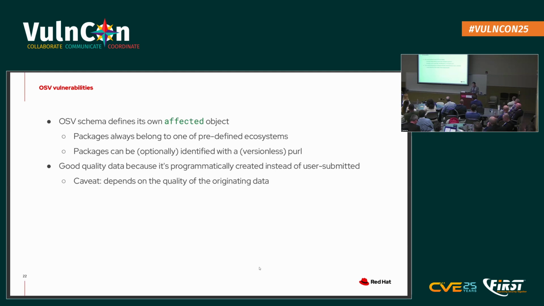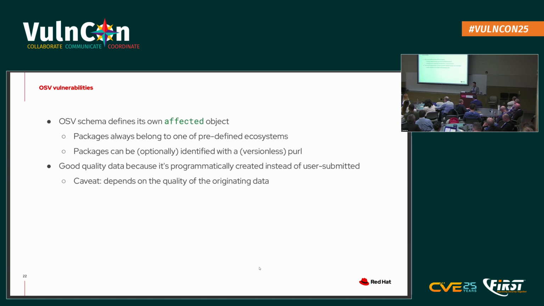Let's take a look at another data set where software identity can be found, which is OSV. OSV is another database of vulnerabilities. It's actually an aggregator, so vulnerabilities are aggregated from different sources into OSV. They're parsed and made into one cohesive data set.